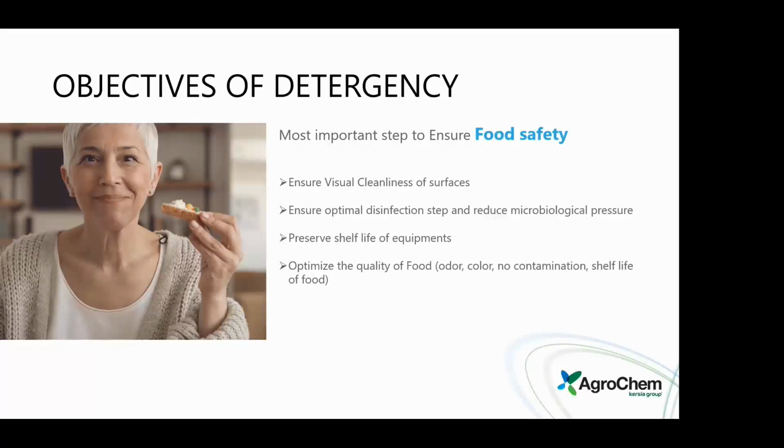So we want to make sure we're taking care of this, keeping the buildups off of it, not using so much that we're causing excessive pitting or rust or anything along those lines. And then also making sure that our food quality is kept in there as well. So we're using the right products so that we don't have any contamination, that there's no opportunity for changing flavors of milks or foods or such that way.